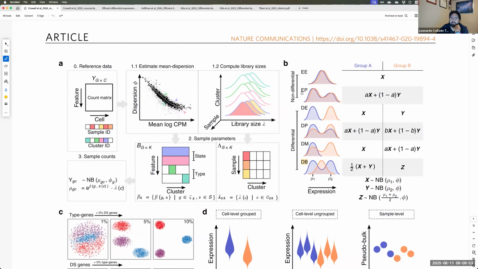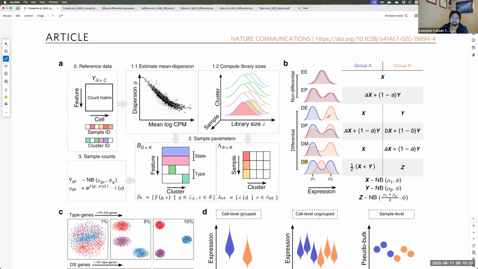They have another one here which is called EP. You can see the two curves are the same, but both groups have two modes instead of being unimodal over here. Now, the main one we're interested in is the differential scenario where the two groups have the same shapes, they're unimodal, but the mean is different between the two groups.